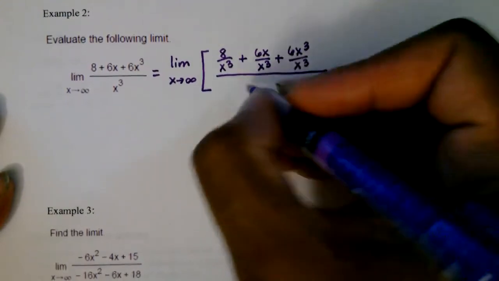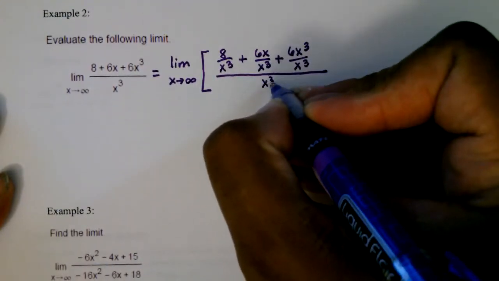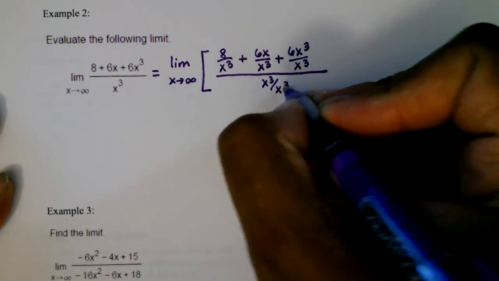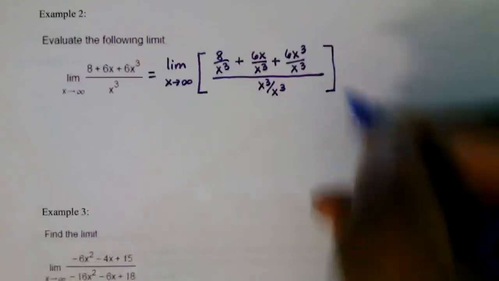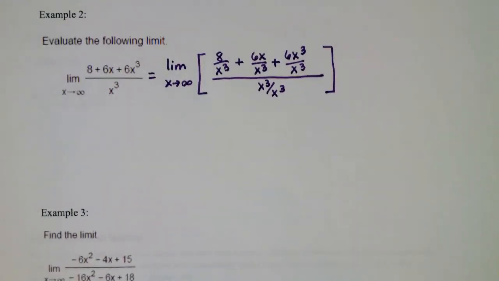All that's divided by the denominator of x cubed, which will also be divided by x cubed. Here I'm taking the highest power in the denominator and dividing each and every term in the numerator and the denominator by the largest power in that denominator.